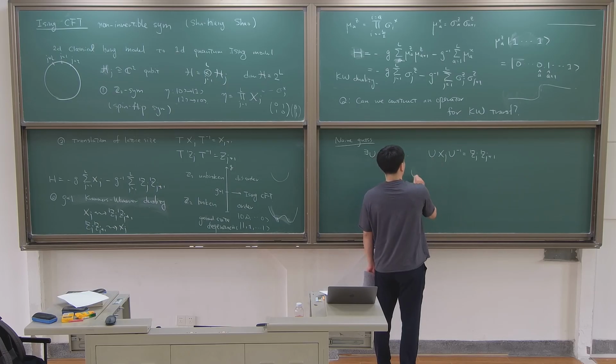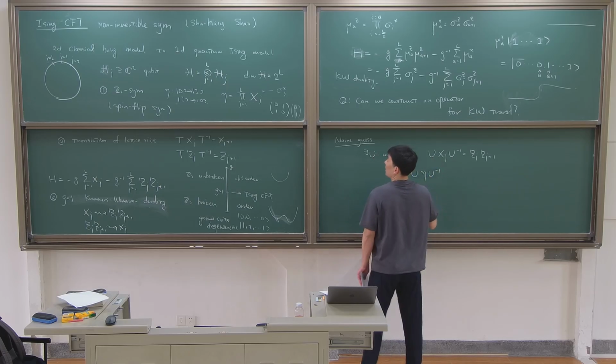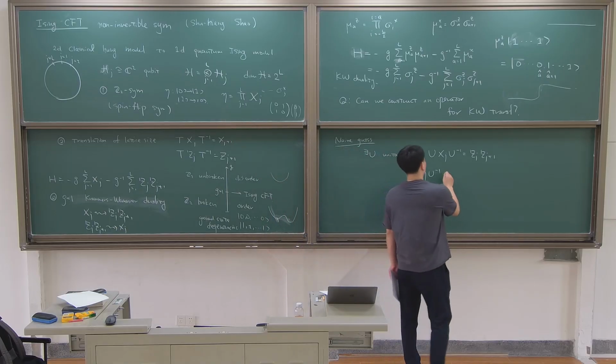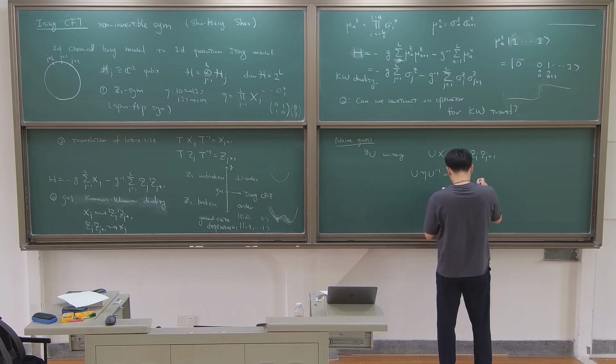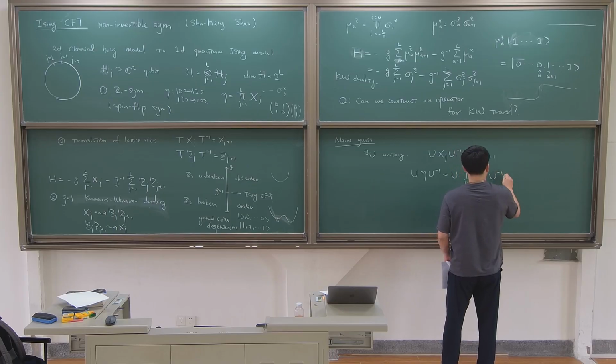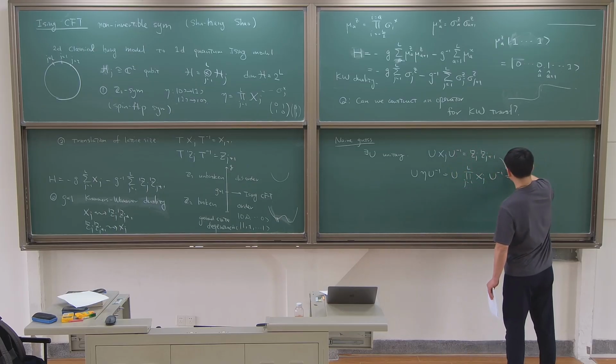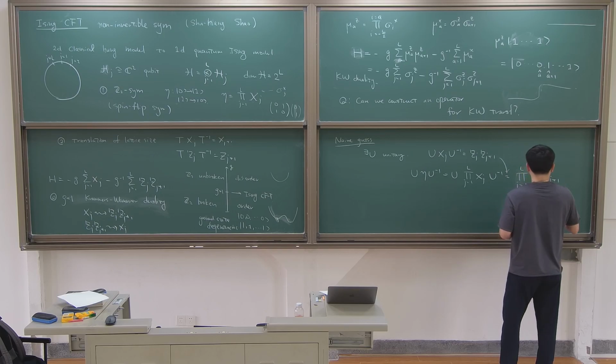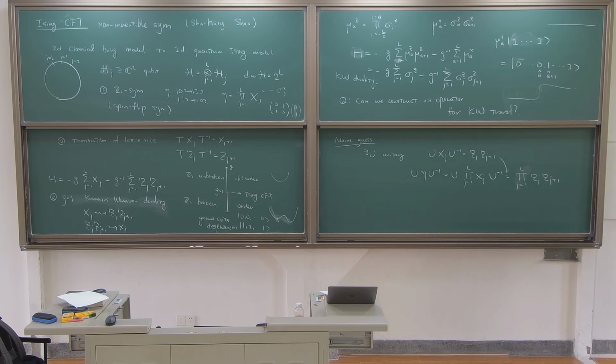If you assume this, then the spin flip operator eta is a product over j equal to 1 to L of xj. If you apply this into here, this will give you the product over j equal to 1 to L of zj, zj plus 1.